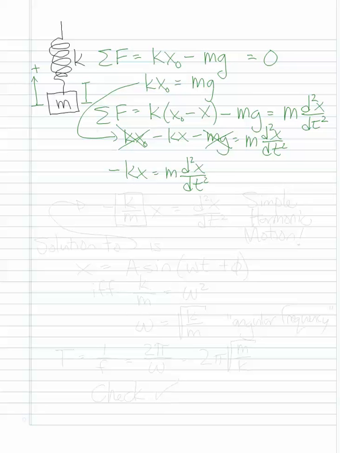So anytime we can write something that looks like a minus sign, some set of constants, anything really, in a box, times x, when that's equal to the second time derivative of that thing, this is simple harmonic motion.